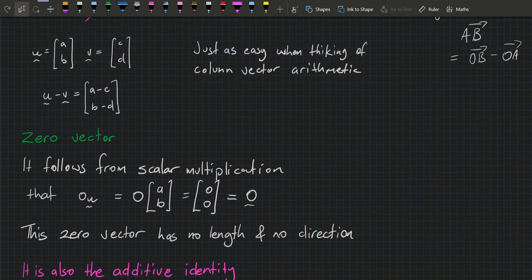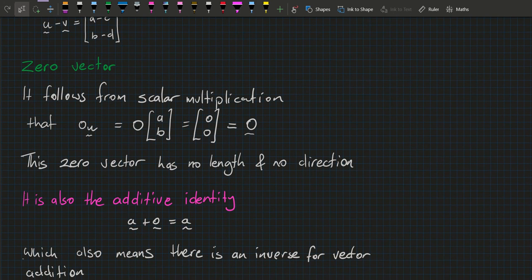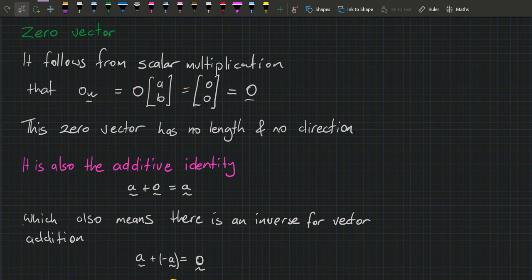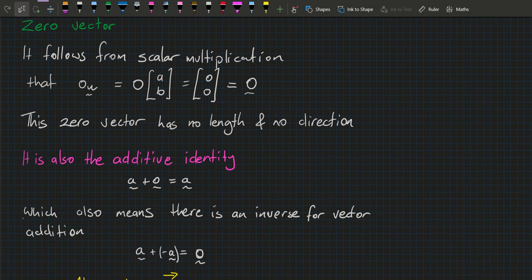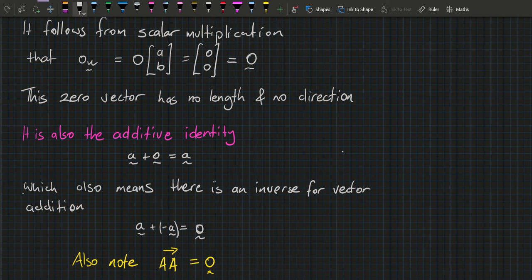The zero vector is important. Okay, it's a really important concept. It's from scalar multiplication. We just multiply a vector by 0. It's just a point. Okay, and so it has no length and it has no direction. It's also an additive identity. Okay, so if I add the 0 vector to any other vector, it doesn't change, and that means there's an inverse, which is its own negative value.